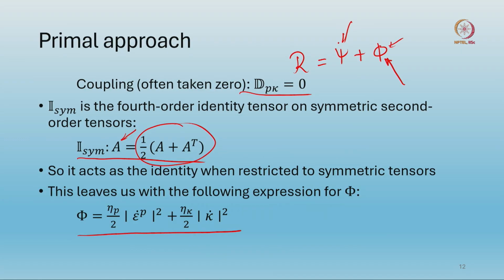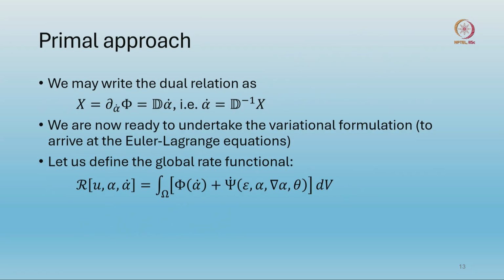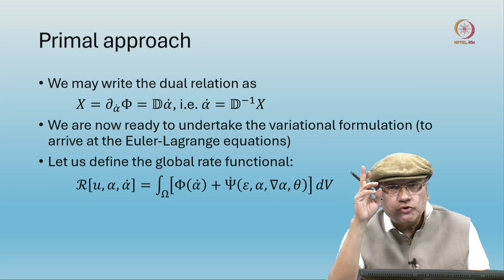That is, these gradients are responsible for band formation in the plastic deformation. So we come back to the structure of the dissipation potential that we shared with you in the last lecture, psi dot being the time derivative of the free energy and phi the dissipation potential, and move forward. We will use this R, the variational functional, in two different ways.